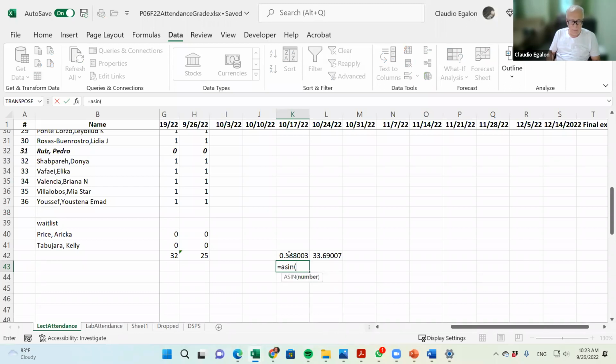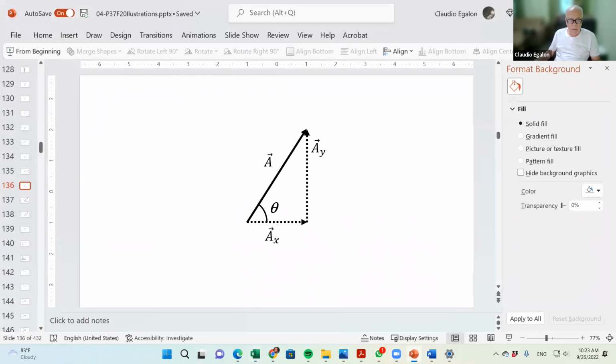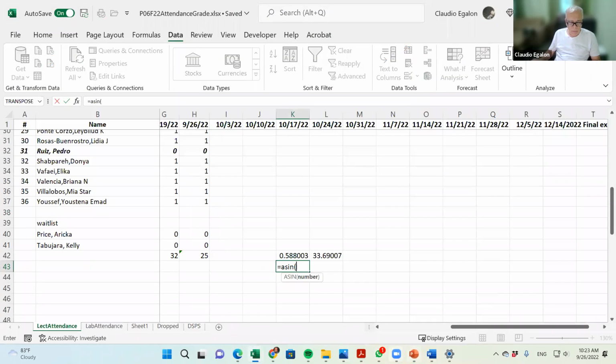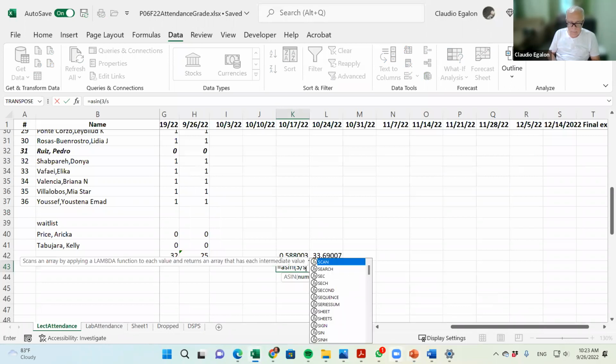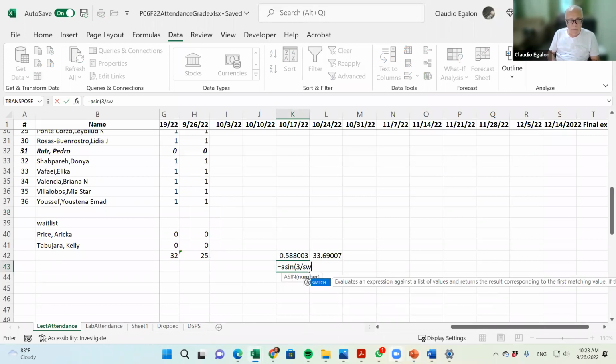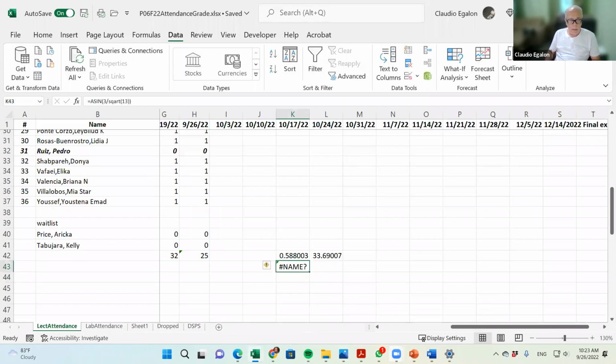Arcsine, which is going to be what? Arcsine is going to be 3 over square root of 13, right? Square root of 13. A sine. Let me see what.